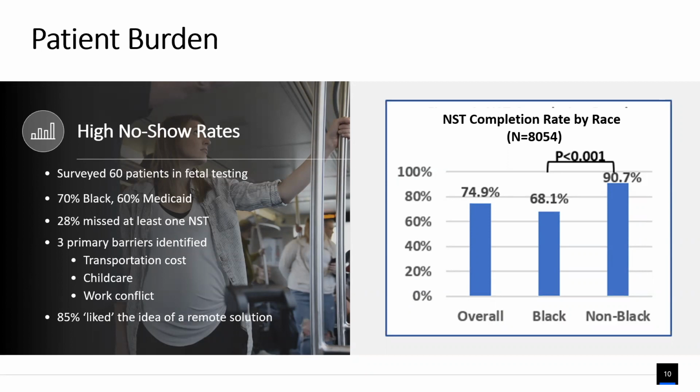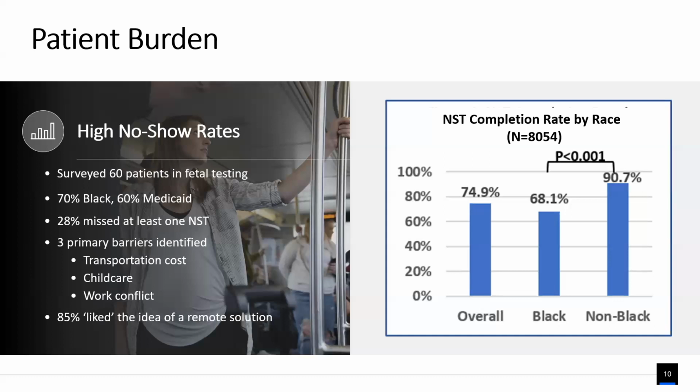All three of which, if you think about it, are something that we as a healthcare industry have imposed on our patients by requiring them to come to us, as opposed to finding ways to meet them where they live. And the vast majority, before we offered them a specific product like a remote solution, said they would be open to the idea of doing more of this work at home. And this was done before COVID.